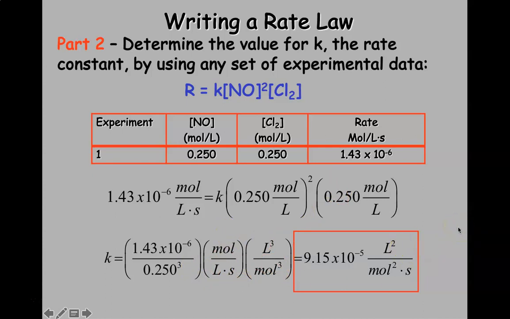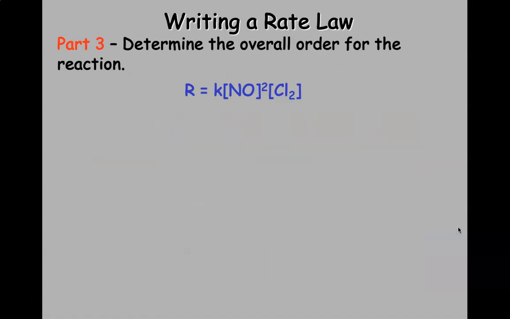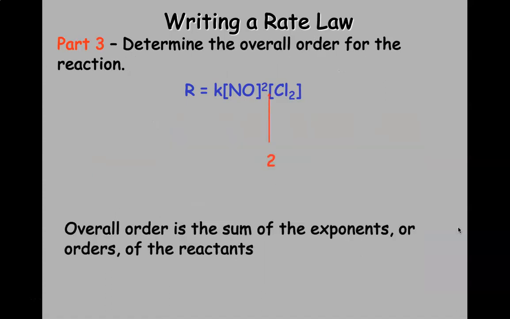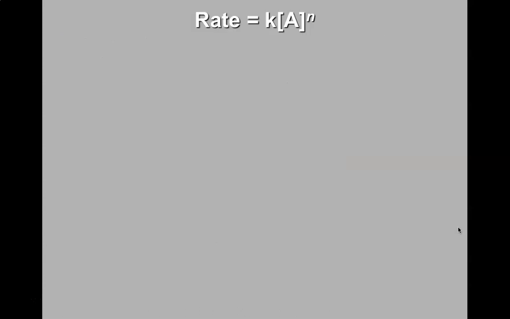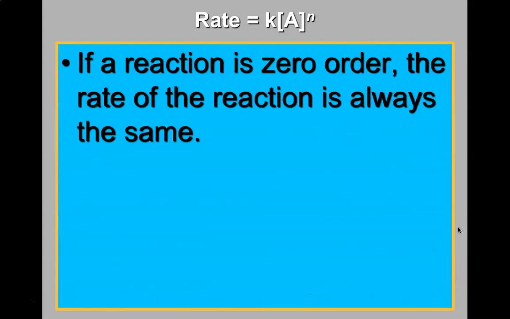So units play a very large role in kinetics. Got to be aware of that. Any questions? Overall order, it's a 2, it's a 1, add them up. Pretty simple. All right, so we have rate equals rate constant times A to some power.